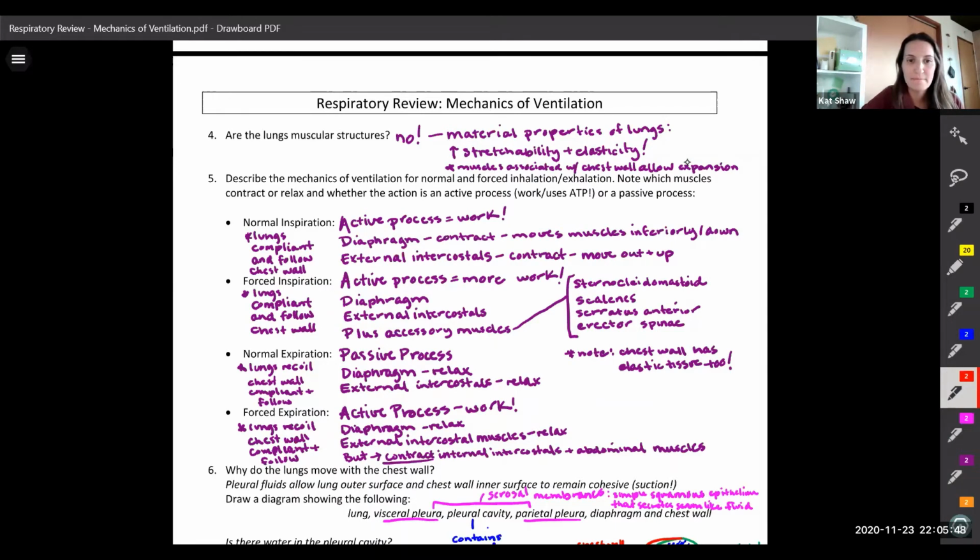Right? But we still have generally the lung recoil occurring with the relaxation of the normal muscles of respiration. And the chest wall, we say, is being compliant and it's following along.